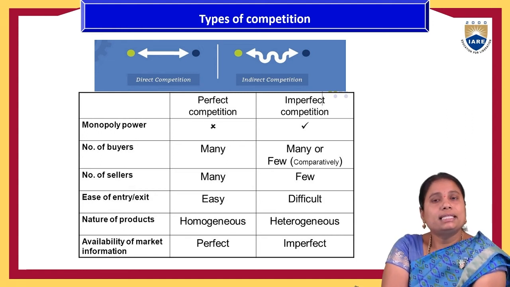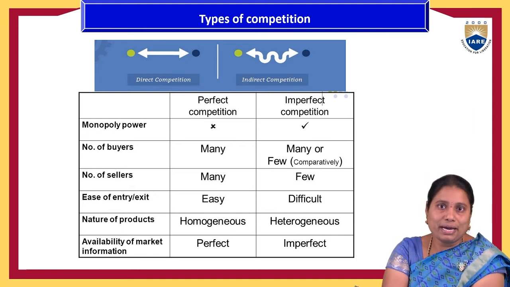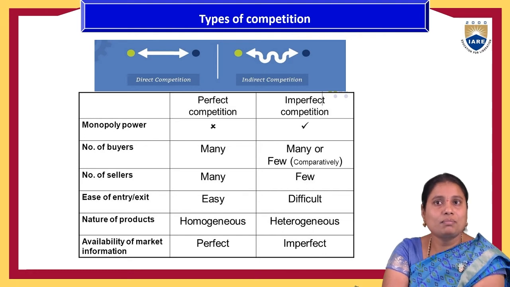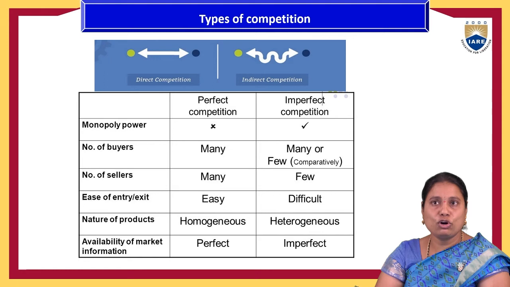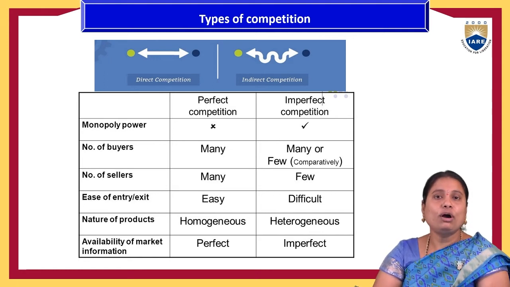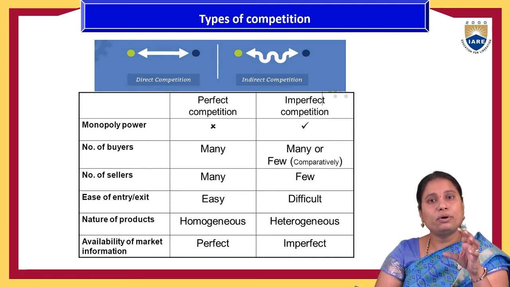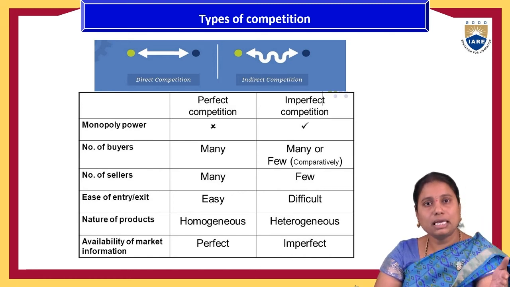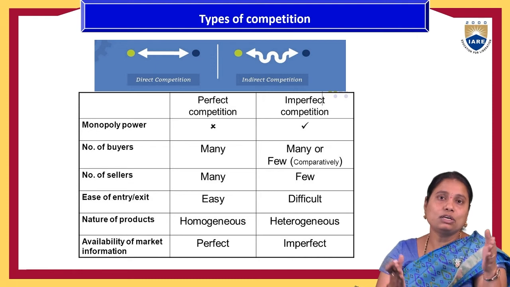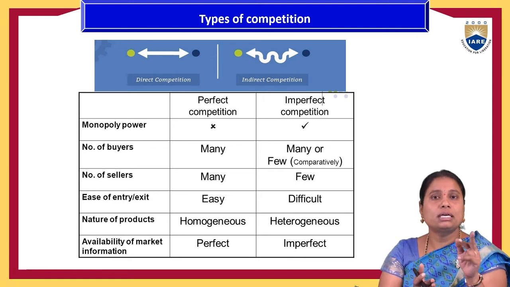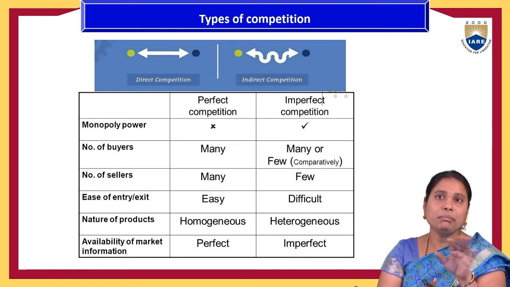Now let us see the types of competition in the market under the market structure. Two types of competition exist: direct competition and indirect competition. Direct competition means the product produced or sold by the sellers and the requirements of the buyers are the same. That means the competition is between two sellers who are selling the same product.